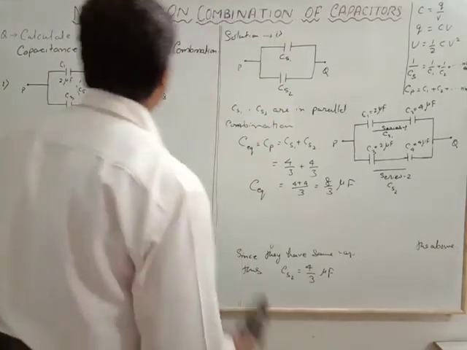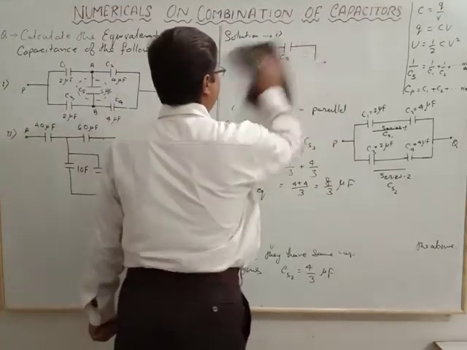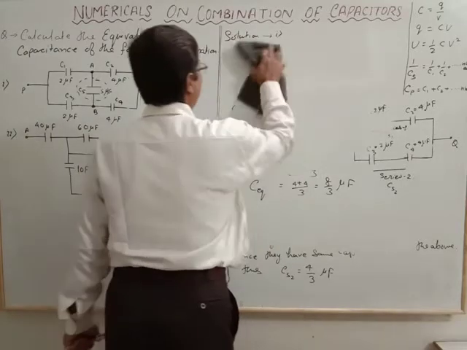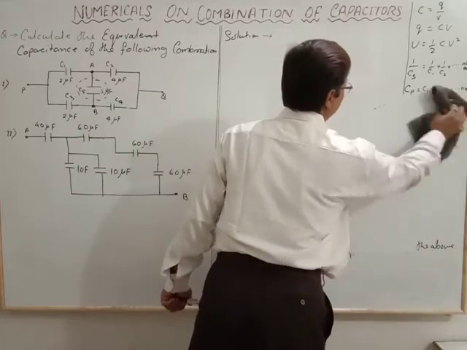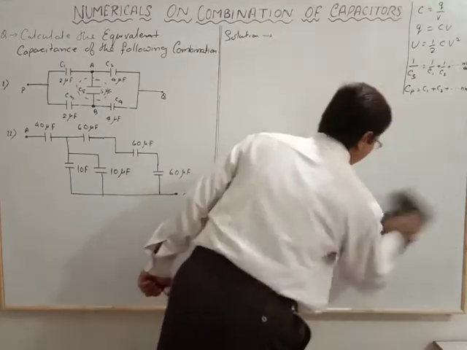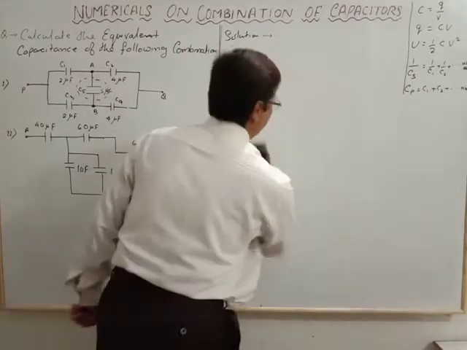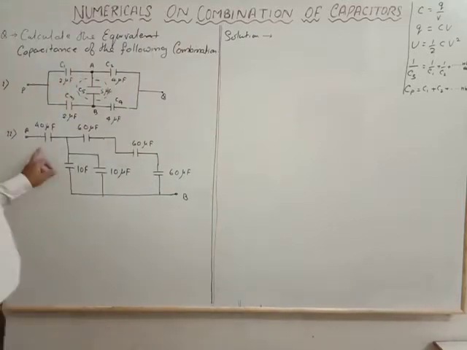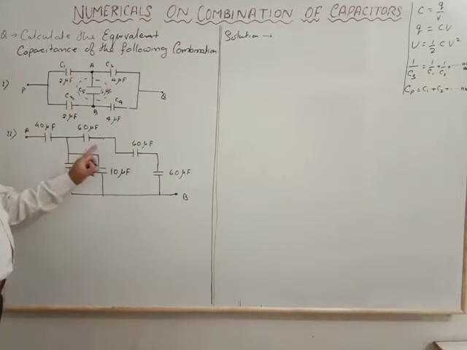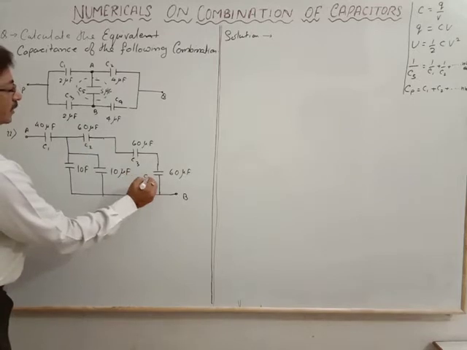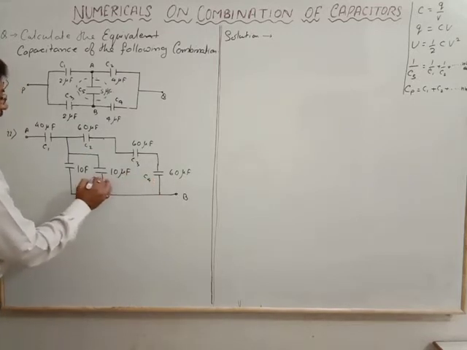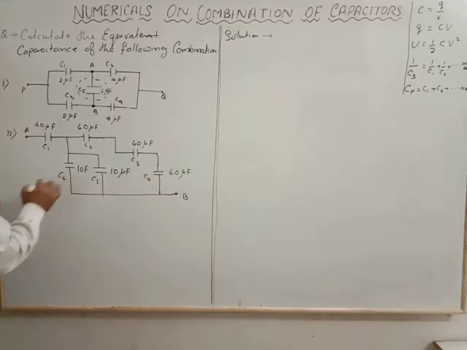Now see the second arrangement. The capacitors are arranged this way. Again see this arrangement. Here the naming is C1, C2, C3, C4, C5 and C6.